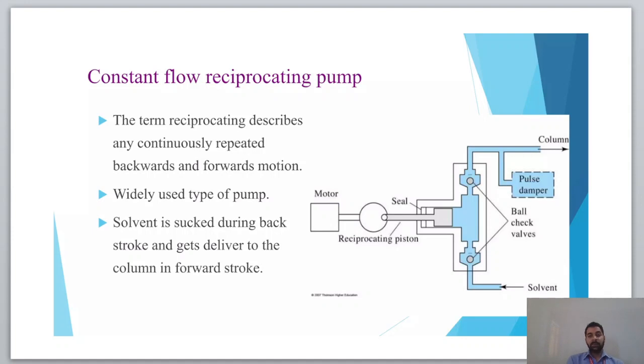The term reciprocating describes any continuously repeated backward and forward motion, means back and forth motion continuously. Widely used type of pump. Solvent is sucked during back stroke and gets delivered to the column in forward stroke.